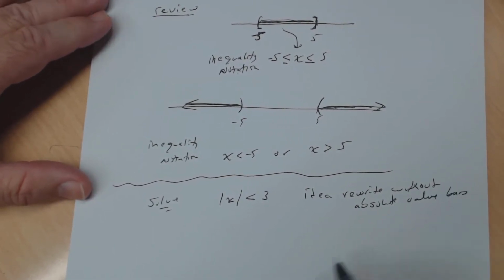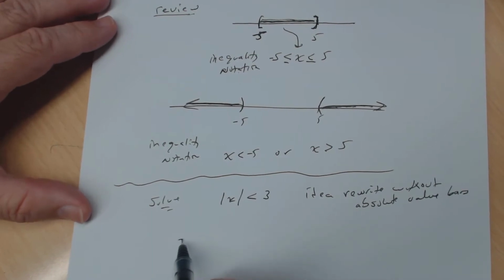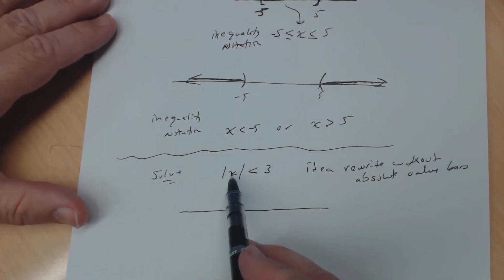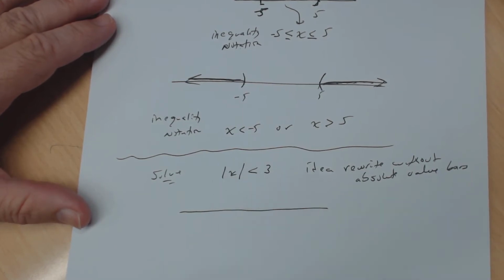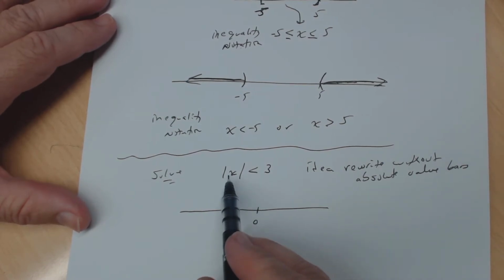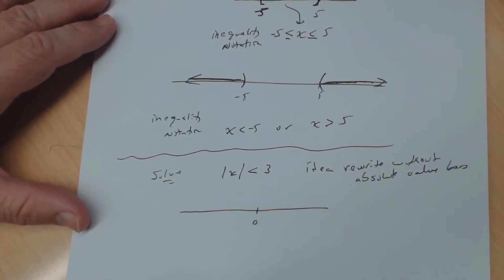Let's think about what the solution would be in terms of the number line. Whatever the value of x is, the absolute value of that has to be less than 3. So if you look at 0, 0 is a solution because the absolute value of 0 is 0, and 0 is less than 3.